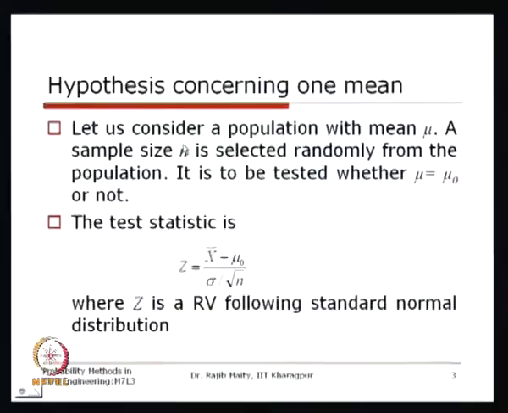Well, so hypothesis concerning one mean: let us consider a population with mean mu. A sample of size n is selected randomly from the population. It is to be tested whether this mu equals mu naught or not. So, this mu naught is basically a threshold value.